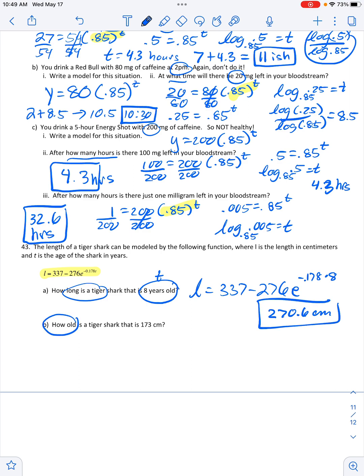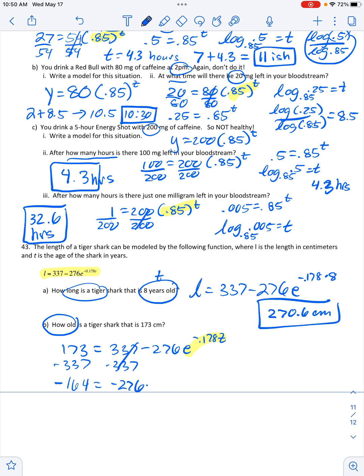Here it says how old is it when it is 173 long. So you're actually going to be working backwards. This one takes a little doing because I got to get this part alone. So I start by taking away 337 and I end up with negative 164.